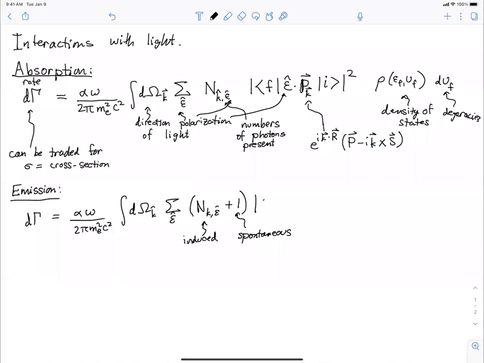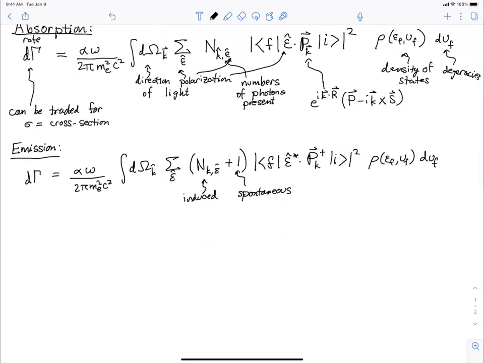And then there's a matrix element, which is basically the same matrix element, except we take the Hermitian conjugate of what's inside. That came out of Fermi's golden rule. And then the same density of states. It's always the density of final states and the degeneracy of final states that you're summing over, because those are the different things you can end up in.